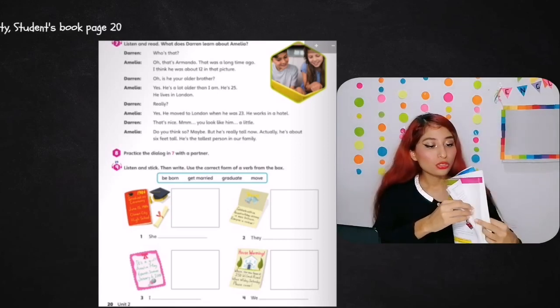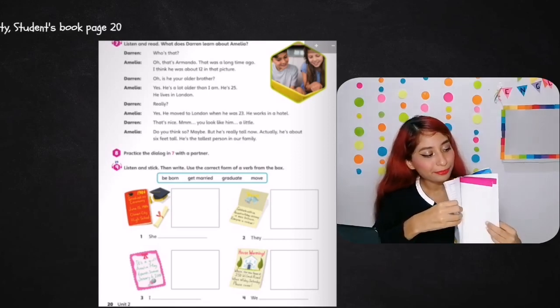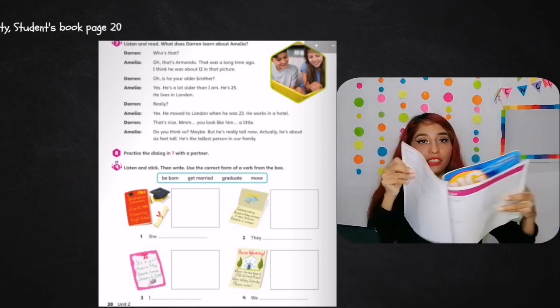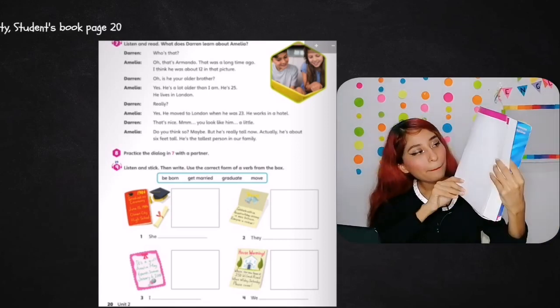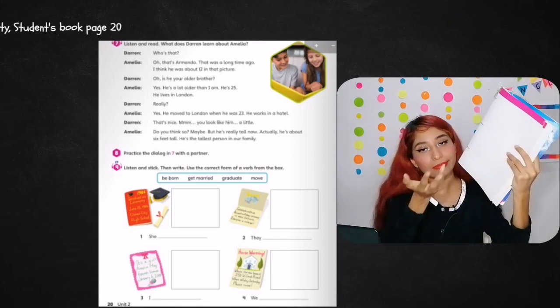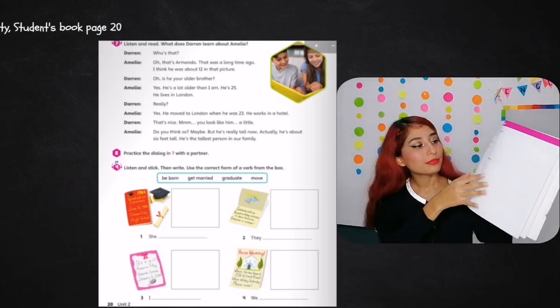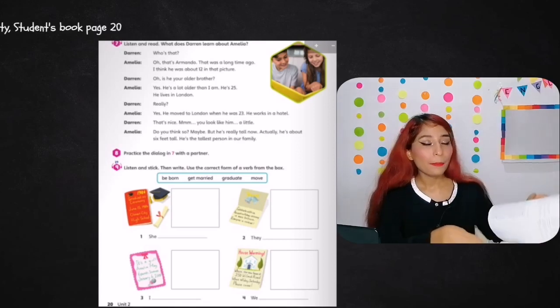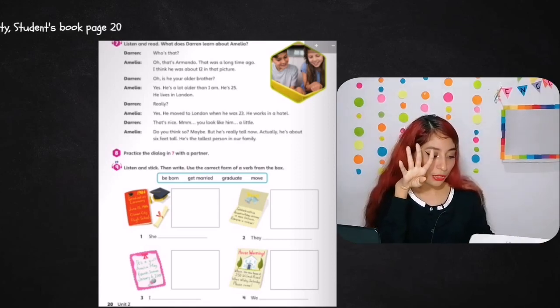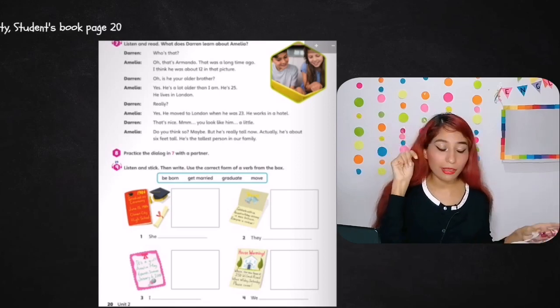And the page should say Unit 2, page 20, okay? I already did mine, so that's why they're not here, but you need to take off the 4 stickers because you need them to complete the activities.